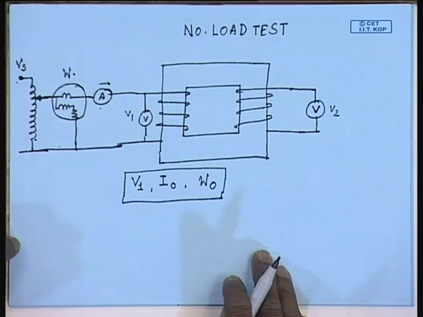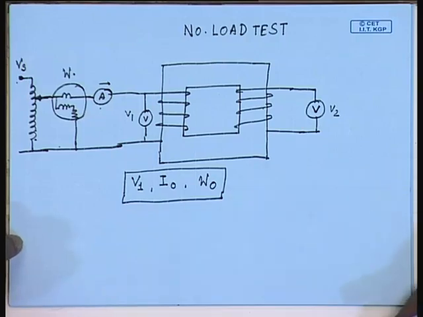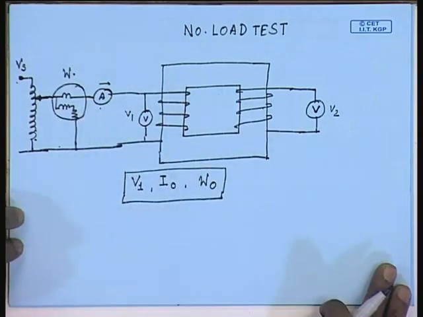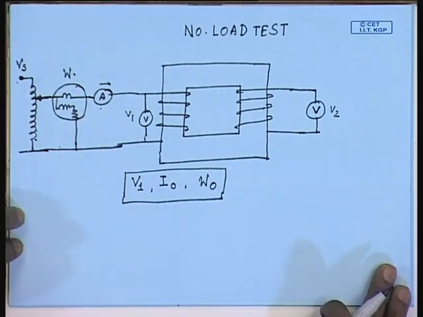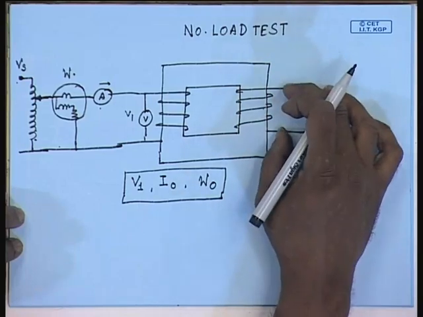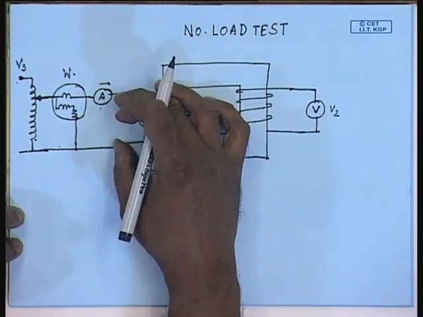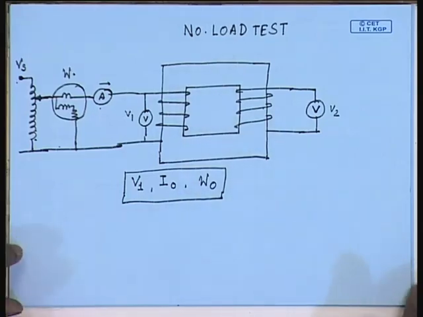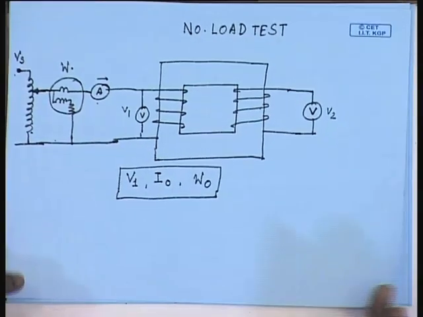But before that, let us be a little more specific about how to choose this equipment and which side we should choose. Should we keep the high voltage side open and apply voltage to the low voltage side, or the other way around? Now, theoretically it does not make a difference.